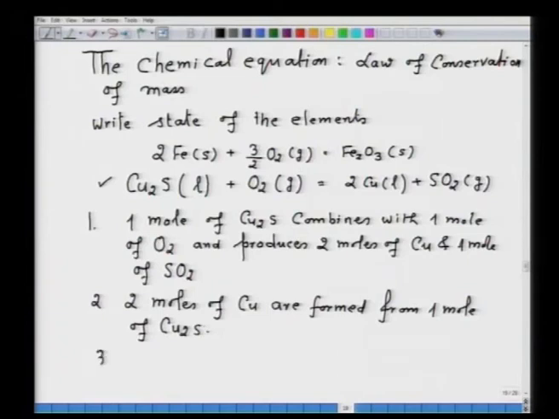Also, you can see that 1 mole of sulfur in Cu2S gives 1 mole of SO2.